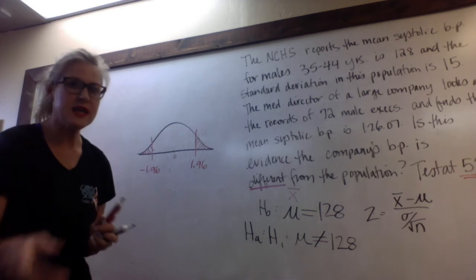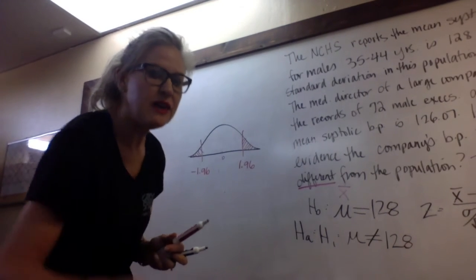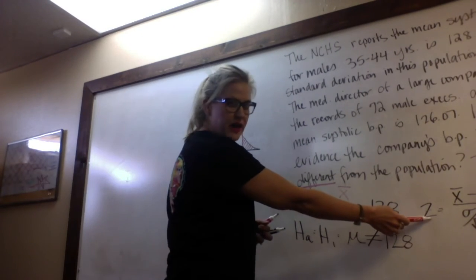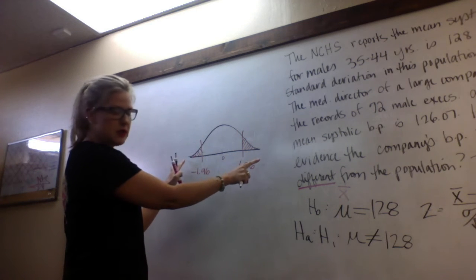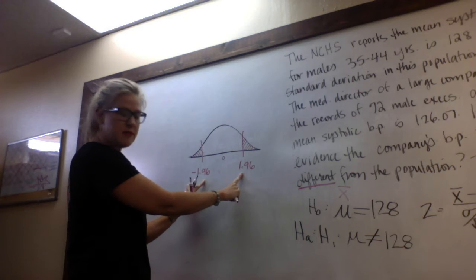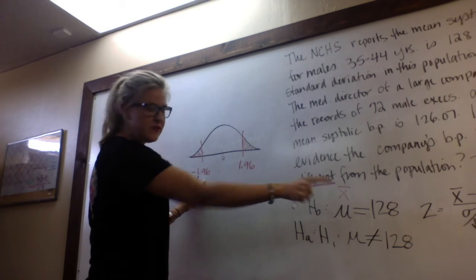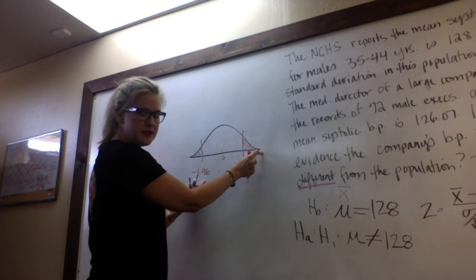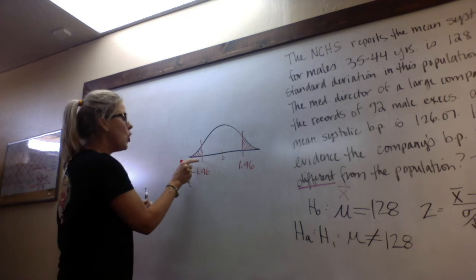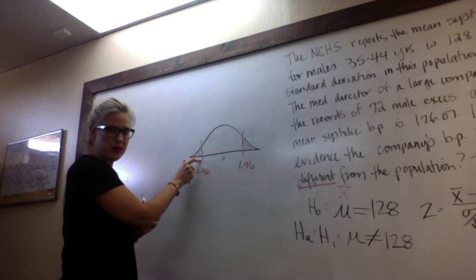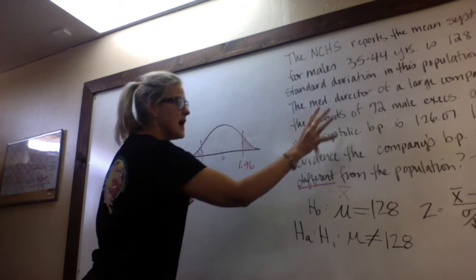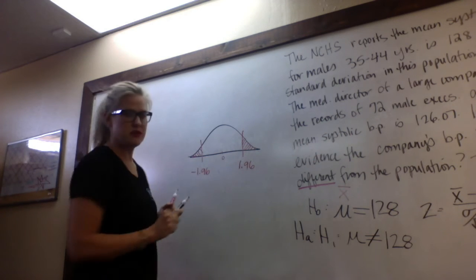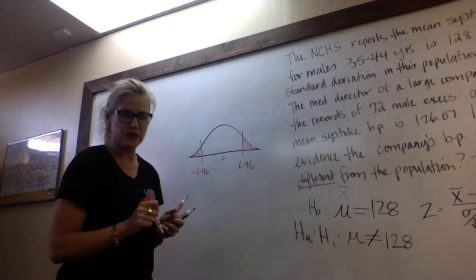So if my calculated value is more extreme than either one of these, meaning bigger than positive 1.96 or smaller than negative 1.96, that lands my data in the rejection region and I reject the null.